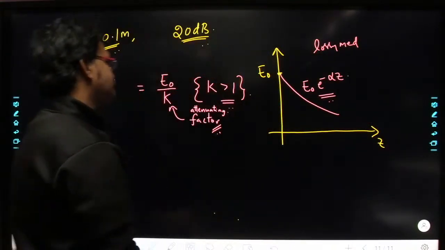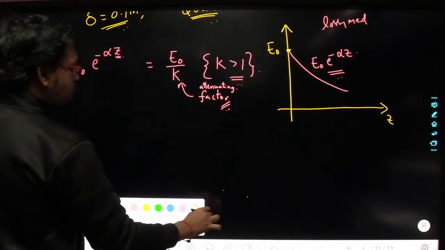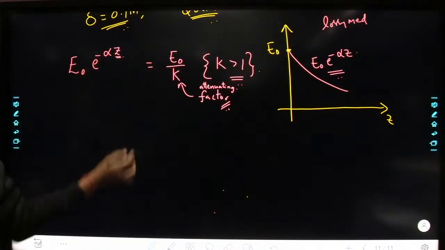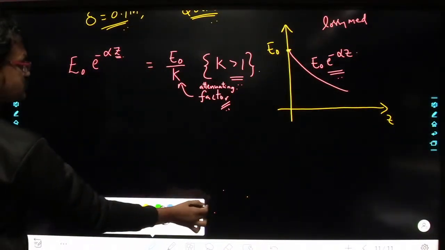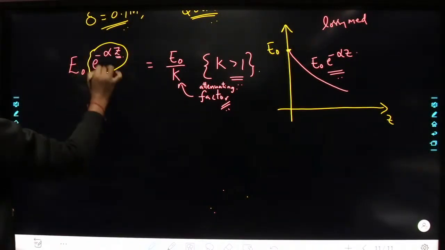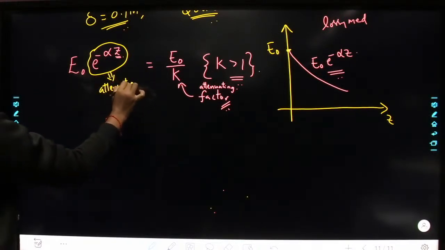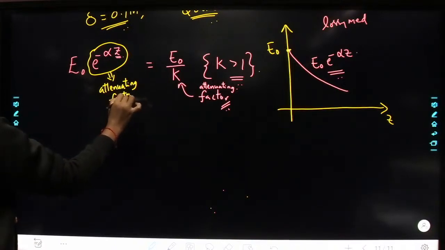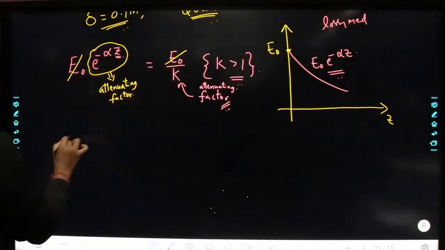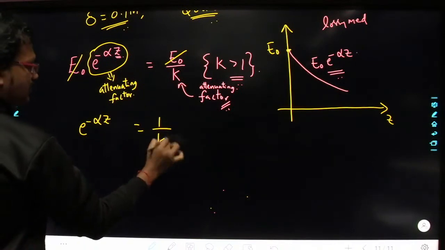Now see here, if I apply log on both sides: E naught into e power minus alpha z, where e power minus alpha z is nothing but the attenuating factor. On both sides E naught will get cancelled, so this attenuating factor e power minus alpha z I can write as 1 by k.